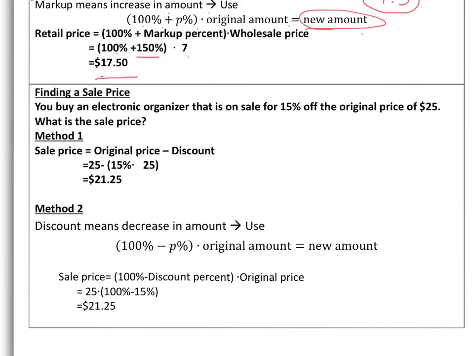Finding a sale price. Sale price just means something becomes cheaper. You buy an electronic organizer that is on sale for 15% off the original price of $25. What is the sale price? The first method would be take the original price and you subtract the discount. So for this part, I didn't work it out, and I'll do it right now.